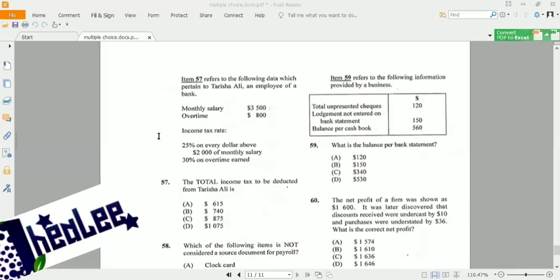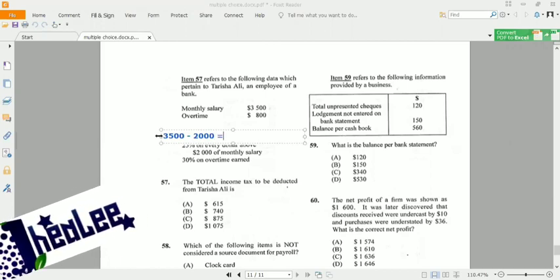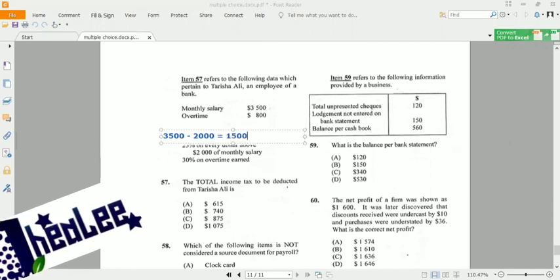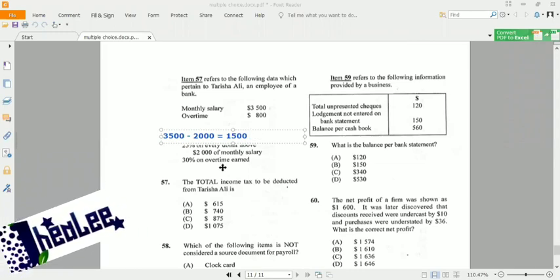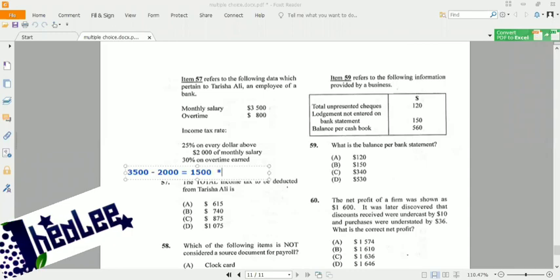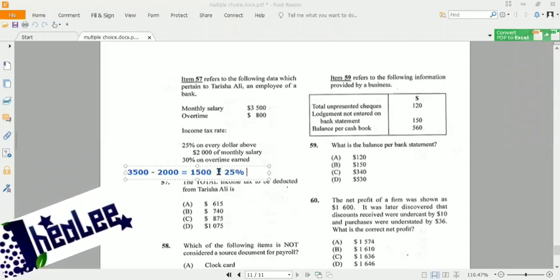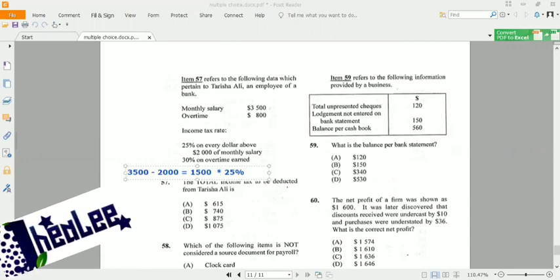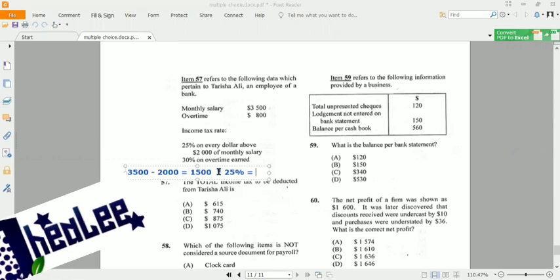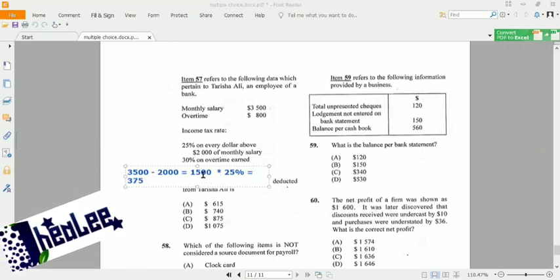It means that 3,500 minus 2,000 would give us the taxable pay, which is 1,500. So we find 25% of this 1,500. 1,500 times 0.25 is 375.